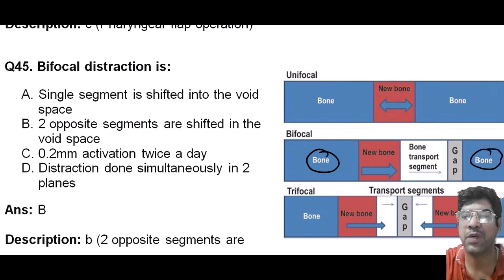That is, you have to make cuts in the bone, and these segments shift toward each other to fill a void space.